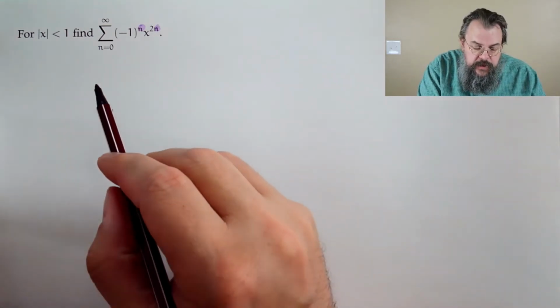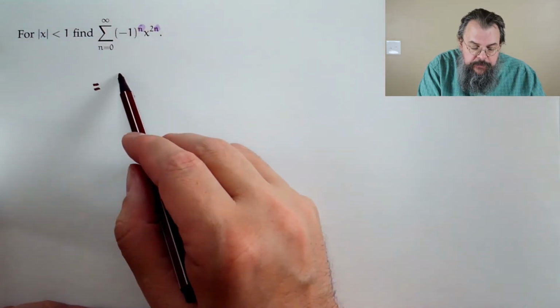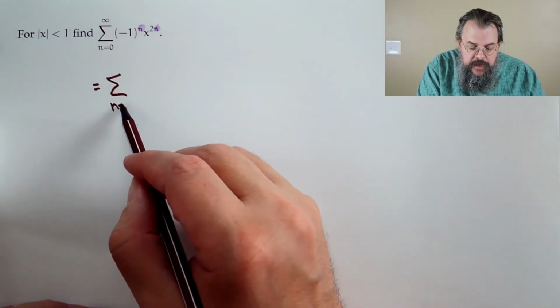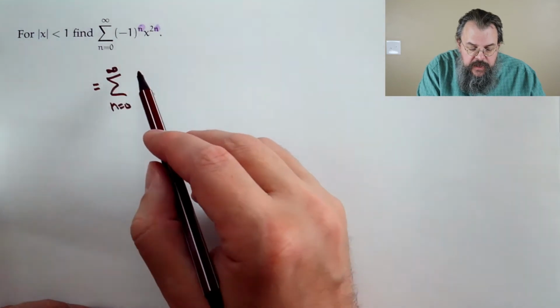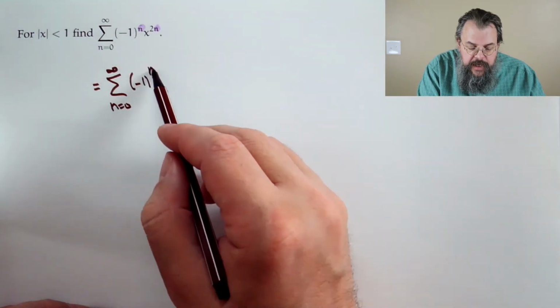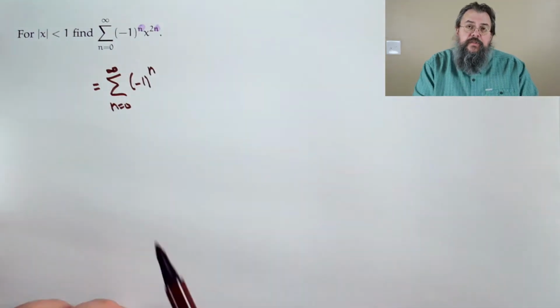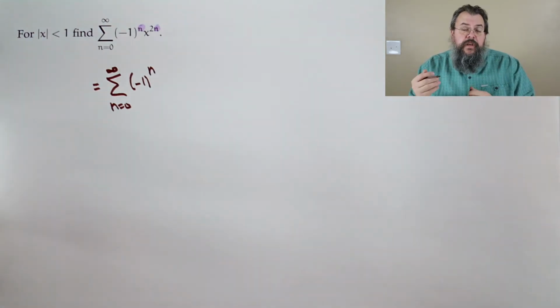Well, another way to think of this sum, this is the sum n equals 0 to infinity of minus 1 to the n. That's fine. Here, the problem is x to the 2n. Right now, the exponent is 2n. We just want n.